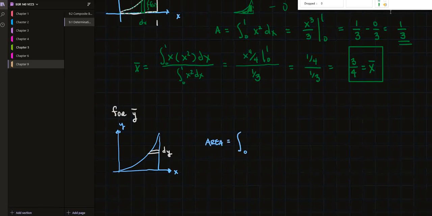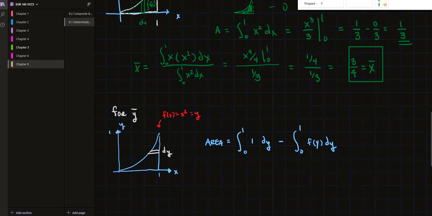So the area equals the integral from 0 to 1 of 1, and this has a height of 1, dy, minus the integral from 0 to 1 of f of y dy.